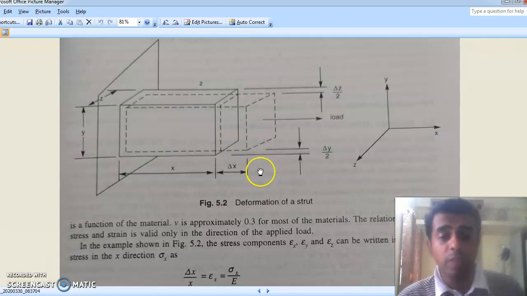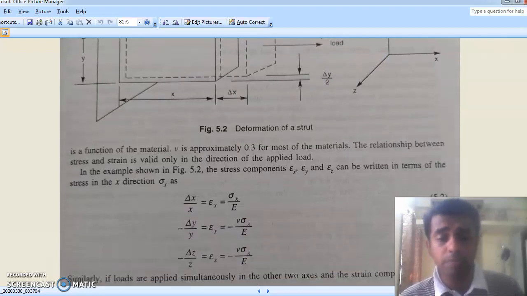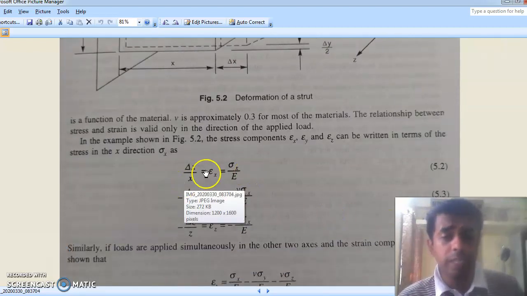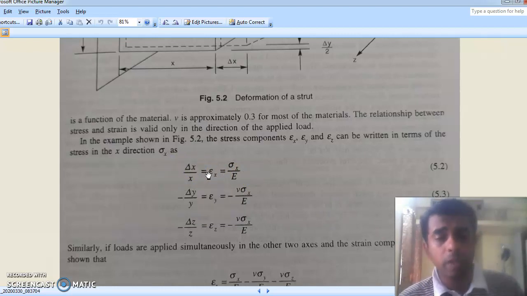When we apply the force in the x direction, we have reduction along y as well as z. Now let me go into the equation. This is my longitudinal strain, which is given by eta x, that is sigma x by Young's modulus E. This minus sign is due to the contraction in the y direction, as well as this minus sign is due to the contraction in the z direction, which I can write in relation to Poisson's ratio.